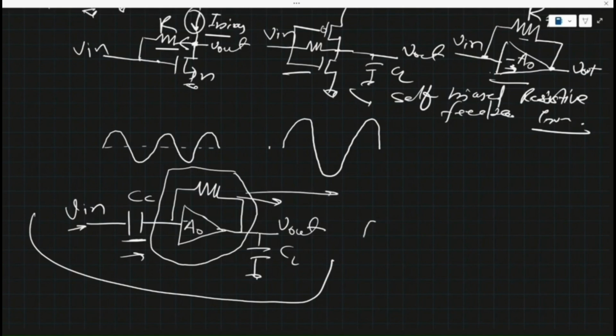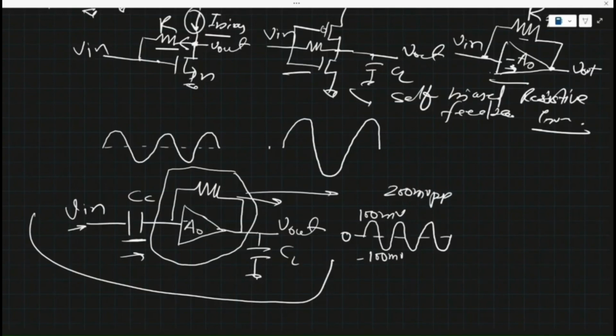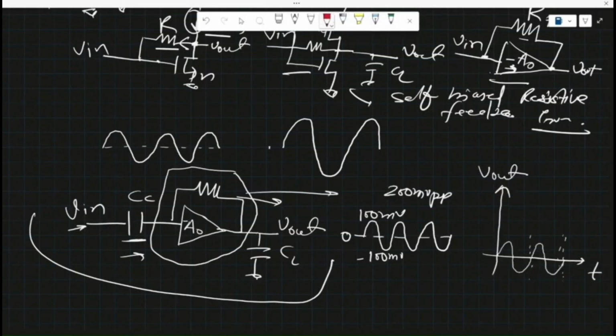Let's say this is my V input and it has a DC level of 0, and its amplitude is 100 millivolt to minus 100 millivolt, which is 200 millivolt peak to peak. What do I want? I want the amplification as well as the DC level, right? Its DC level is at 0. I assume that the DC level for my output will be somewhere here, because this self-biased inverter is biased at the trip point, right?